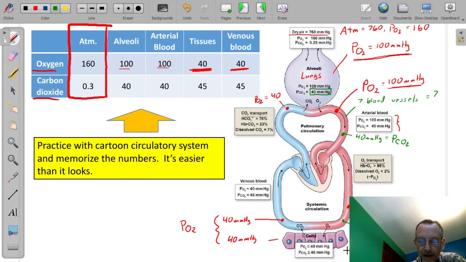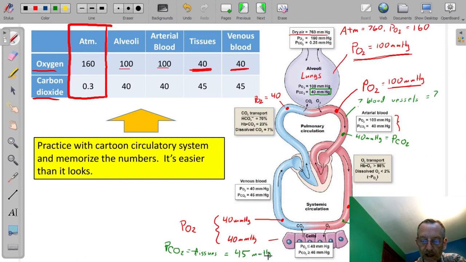Let's call this the partial pressure of CO2 in the tissues equals, say, 45. 45, 46, I'll take either one.